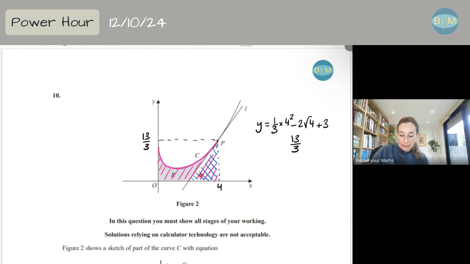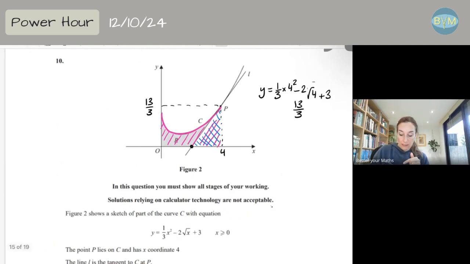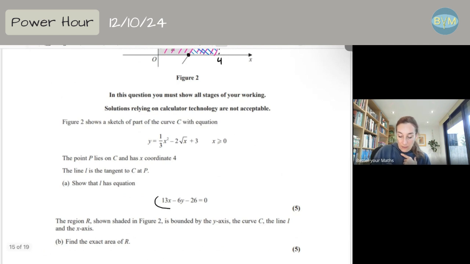So it's all the area under the graph. For the area of the triangle, we know the height is 13/3. We need this length. We have this point, so what we need to find is this coordinate here, where the line cuts the x-axis. So in our line, we make y equal to 0.